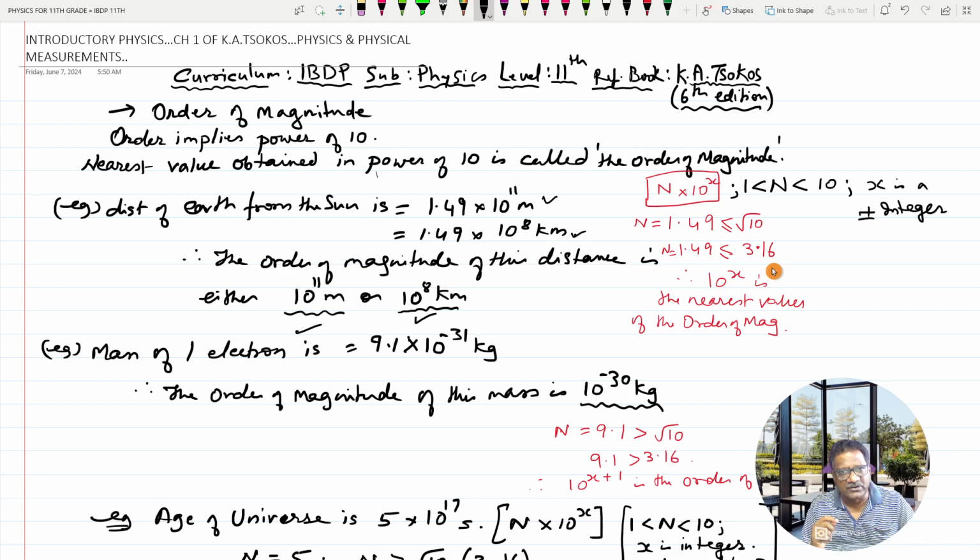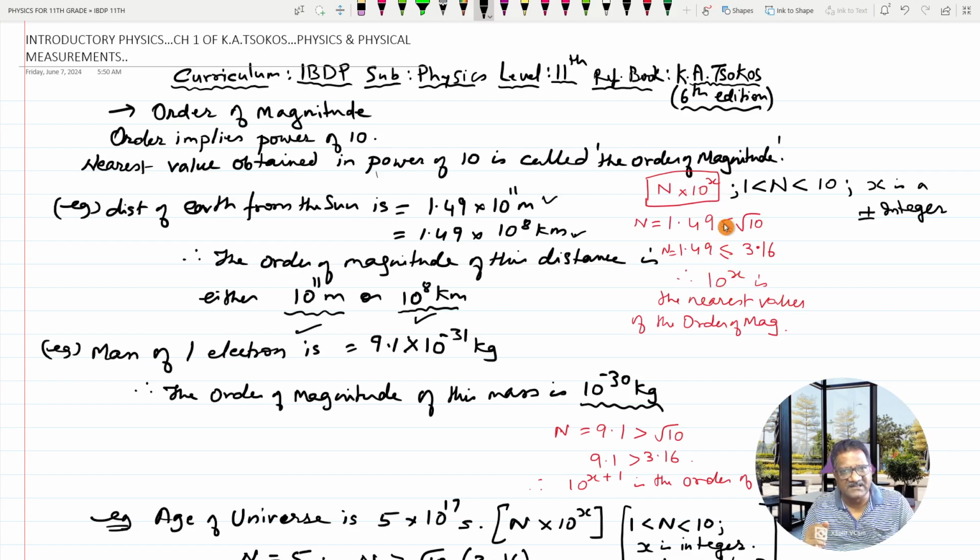So if n in any scientific notation number is less than or equal to 3.16, then the order of magnitude of that particular property, in this case the distance, will be 10 raised to x itself.